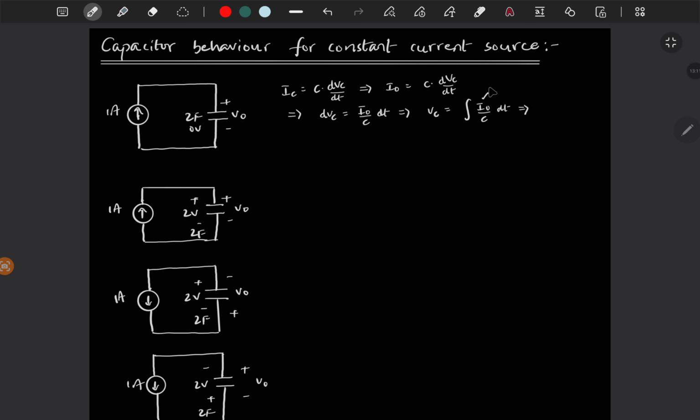Since I0 is constant, because we are pumping a constant current source and C is constant, so if you take this term out, you will get integral dt, which is nothing but t. So Vc of t is I0 by C times t.